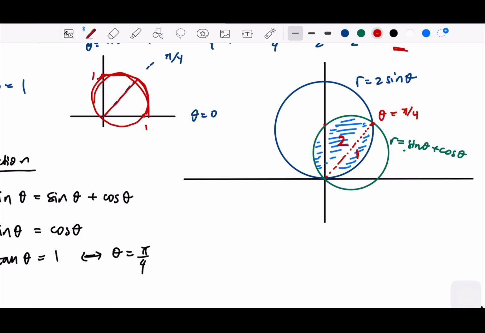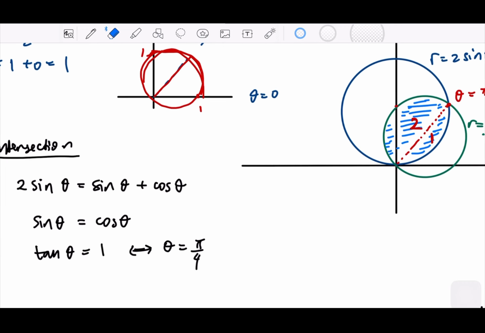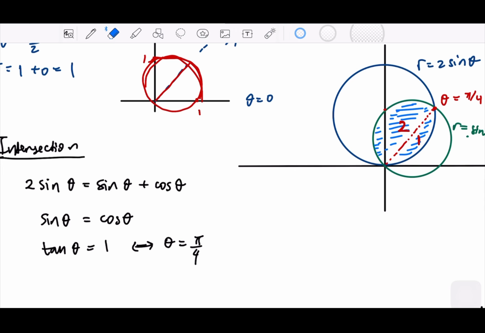Okay, now the second area is the green one. The green one starts from pi over 4, increases up until here, and we need to know here is actually 3 over 4 pi. 3 over 4 pi is, let me check, 180 minus 45, is pi over 2 plus pi over 4.